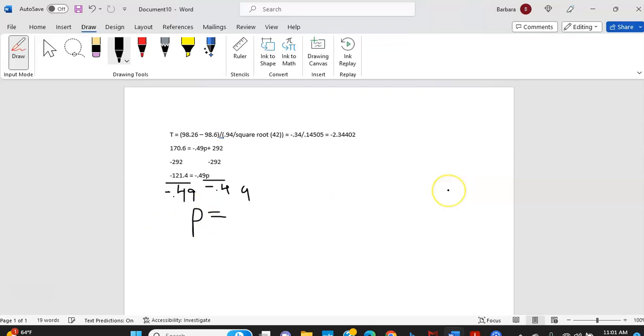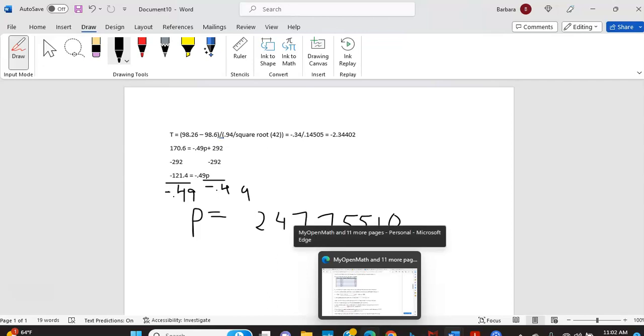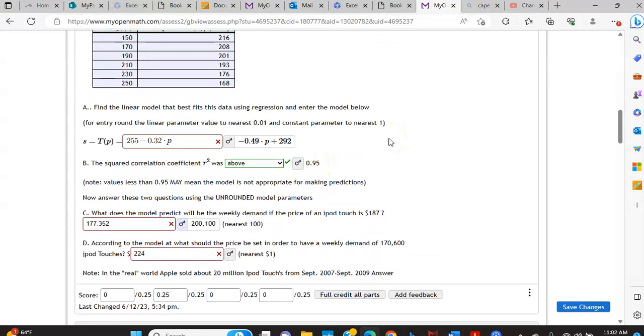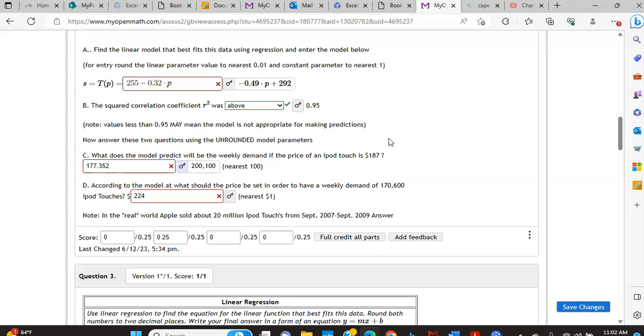So P is 121.4 divided by negative 0.49, and it's 247.7551. I'm not sure what it tells us to round to, but we can go back and check. It says round to the nearest dollar, so we would round it to 248. Anyway, I hope that helps you to get through the rest of these.